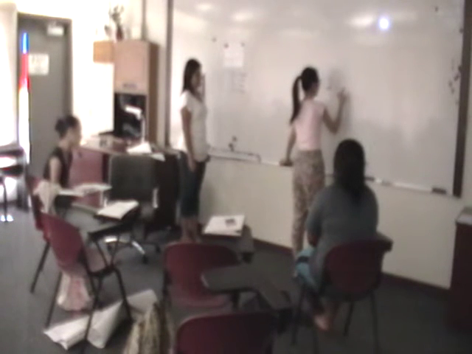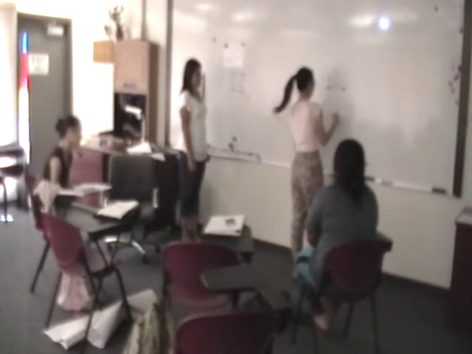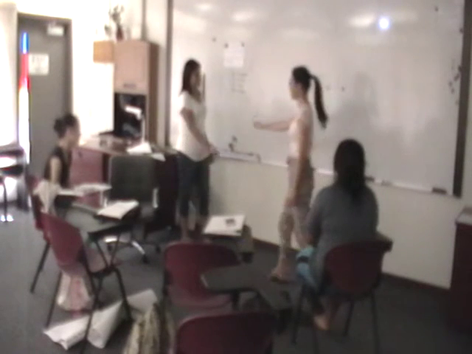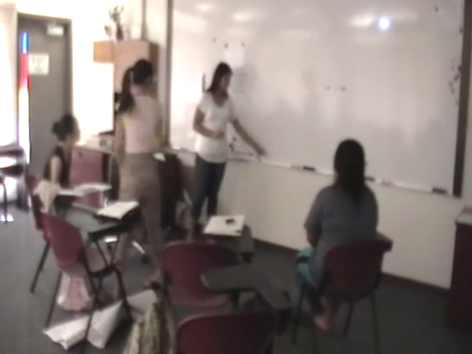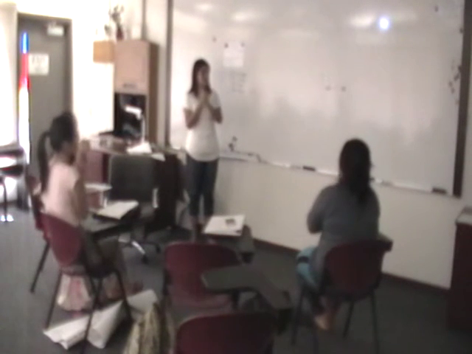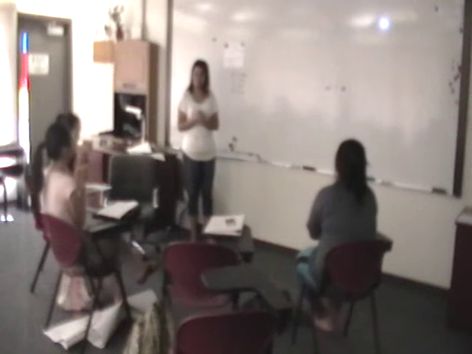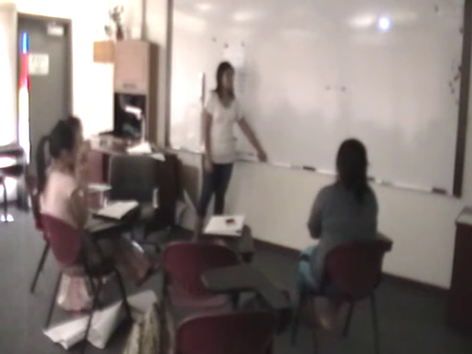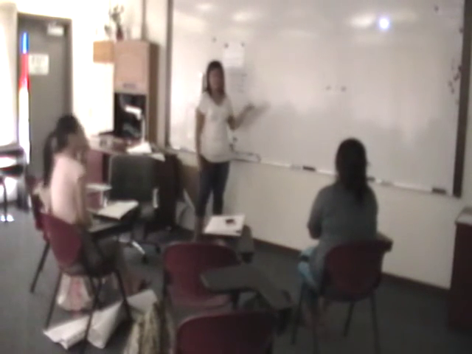Is this exactly the same as you do, this one? Yeah, that's correct. So can we clap and count that one? Ready? Go. 1, 2, 3, 4. Yeah, good job.